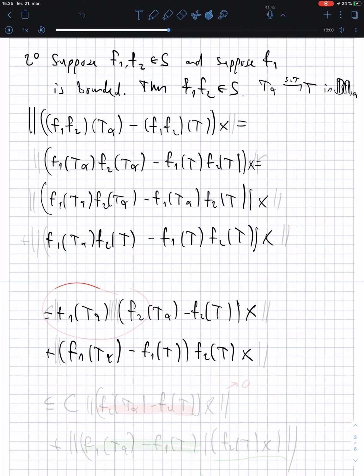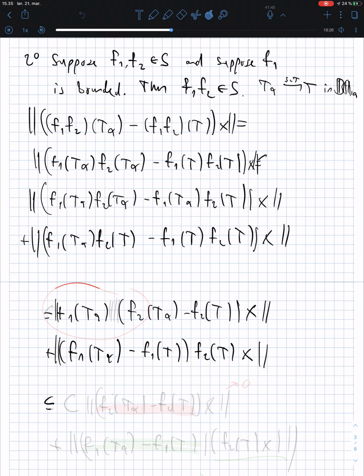Right, and I guess we're putting norms on things here. Using the triangle inequality, I'm going to have to move this like this, and that is then the same as this.